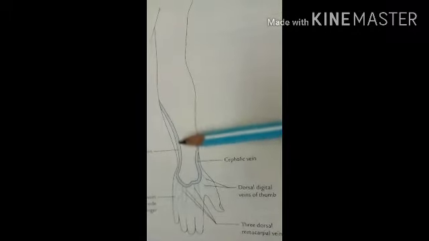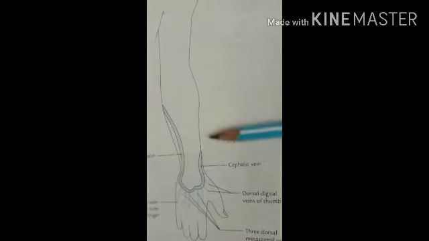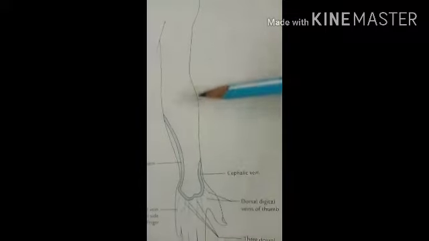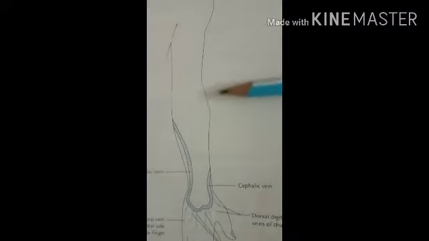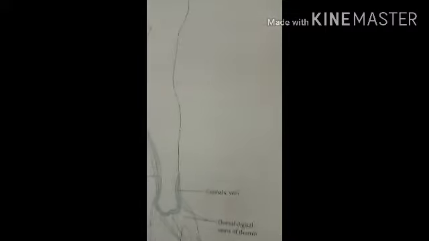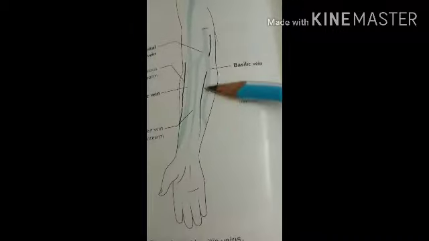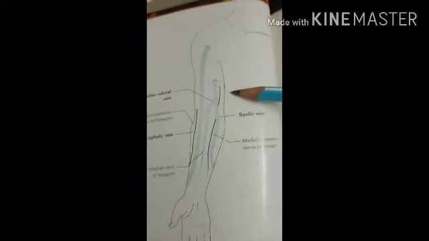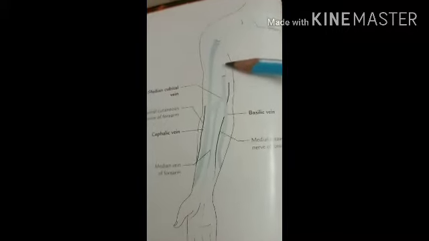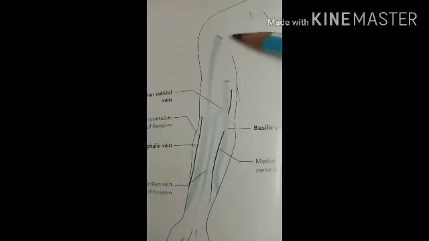Then it runs upwards along the back of the medial border of the forearm. So here you can see. Then it ascends upwards on the medial side of the forearm and the arm, and finally it joins with the axillary vein.